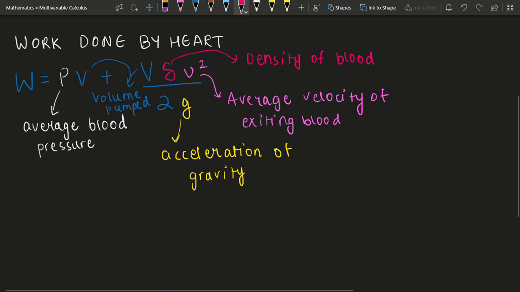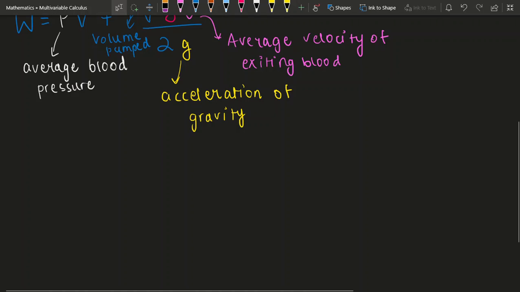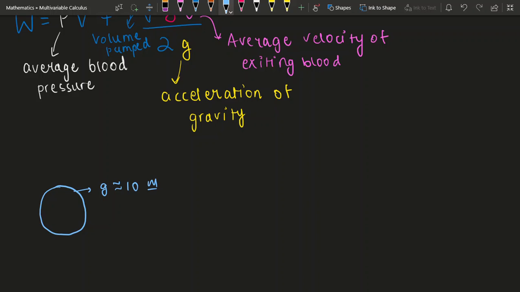So let's start by taking a situation where you're on Earth, and on Earth the acceleration due to gravity is roughly 10 meters per second squared. And you take a rocket, let's say, and you reach a point A in space, where the acceleration due to gravity is 8 meters per second squared.